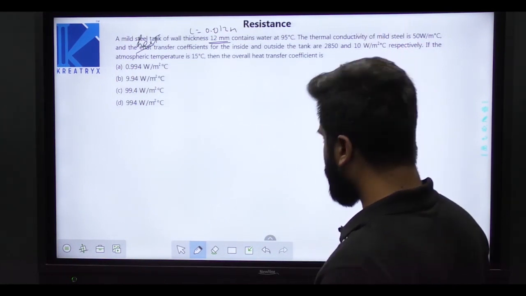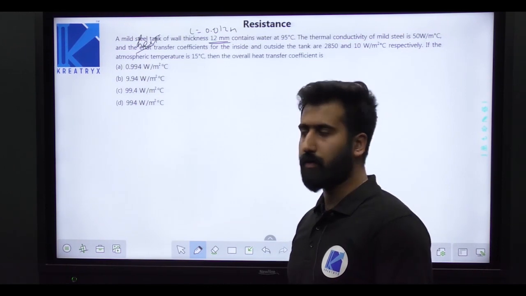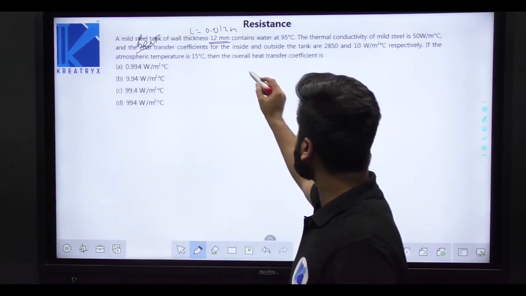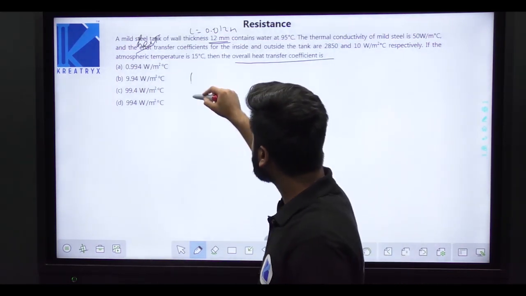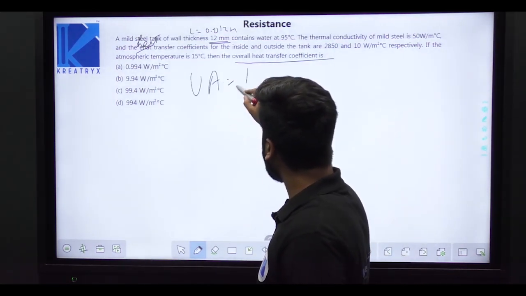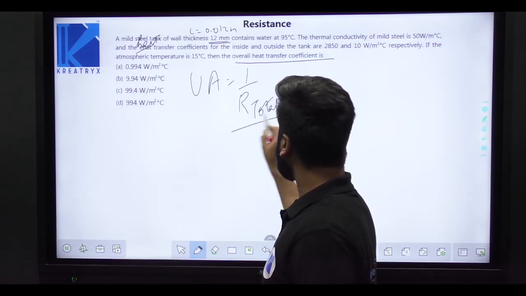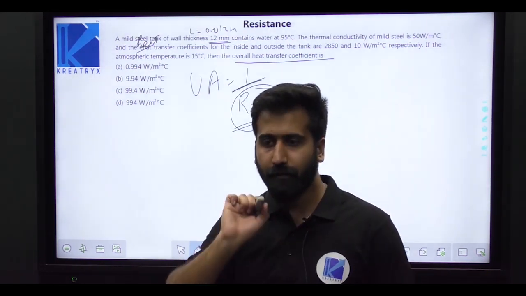Then the overall heat transfer coefficient, I think I have already told you the concept of overall heat transfer coefficient in the first video, and I told you that whenever this question is asked of the overall heat transfer coefficient, use this. UA is equal to 1 by R total. Okay, the total resistance that is offered in the path of heat transfer.